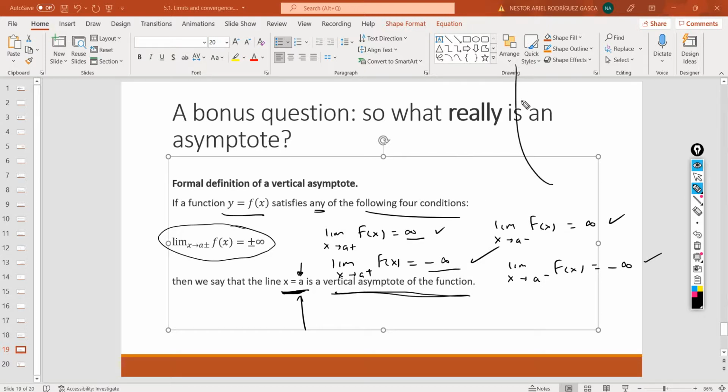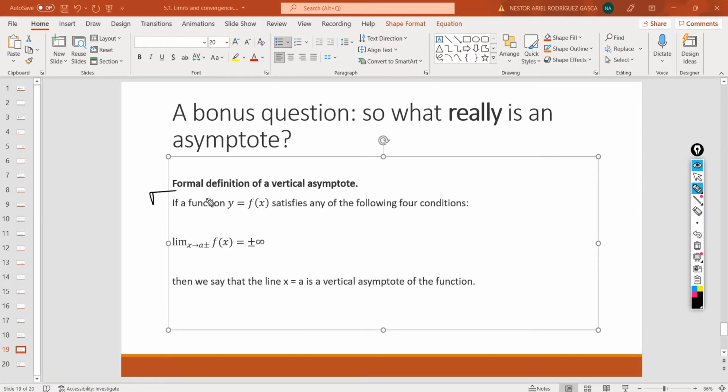It shoots upwards like crazy, or it shoots downwards like crazy when x gets closer and closer to this particular value a, either from the right or from the left. Let me clean this up. This is the formal definition of a vertical asymptote.